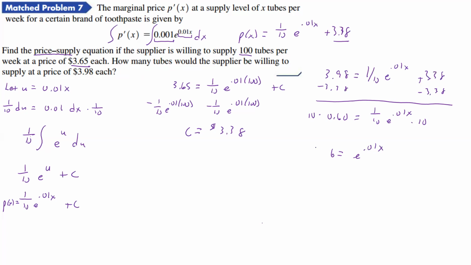Now I need that exponent down, so I take the ln of that, and the exponent comes down in front. If I divide by 0.01, x is going to be ln of 6 divided by 0.01. That turns out to be 179.17, or approximately 179 tubes per week is what they're willing to supply at a price of $3.98 each.